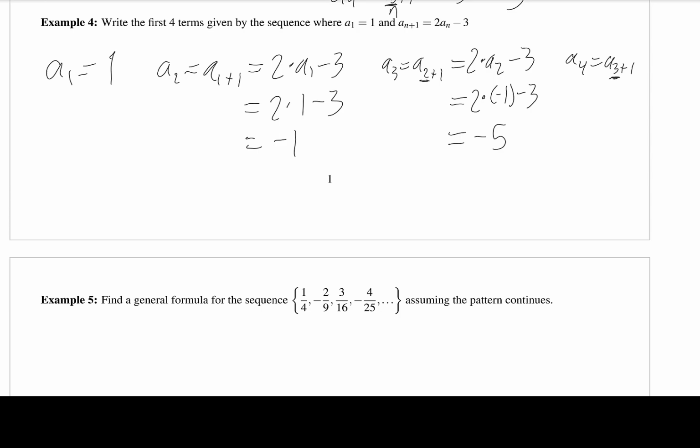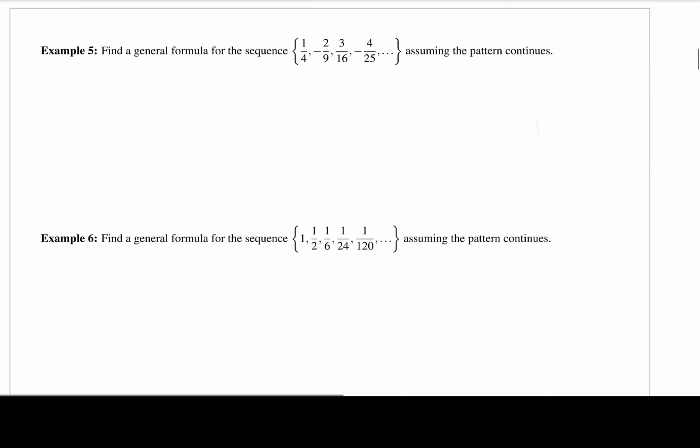So 3 will be our n value, which is going to be equal to 2 times a sub 3 minus 3. So this will be 2 times negative 5 minus 3. So this will give us negative 13.